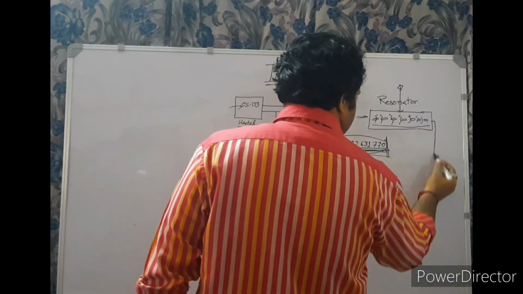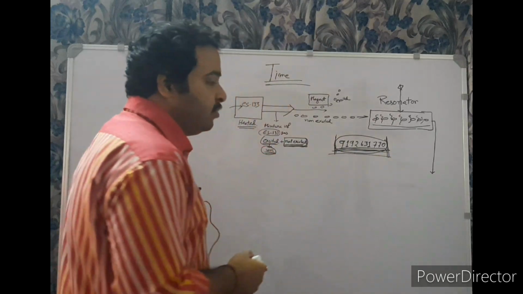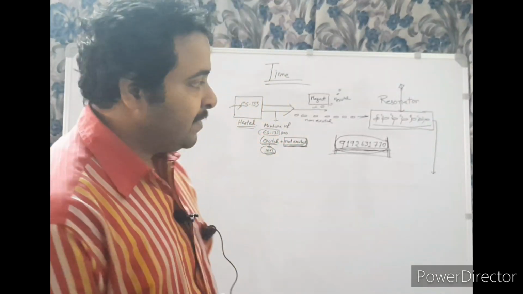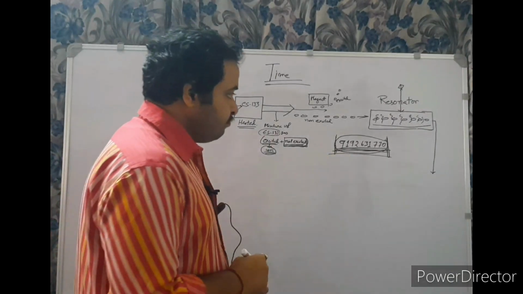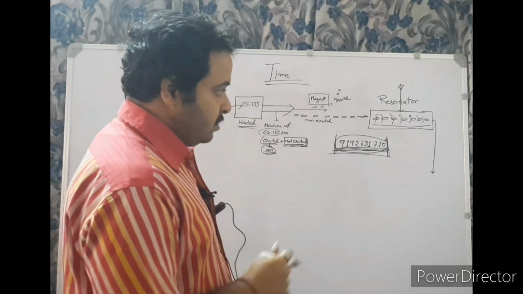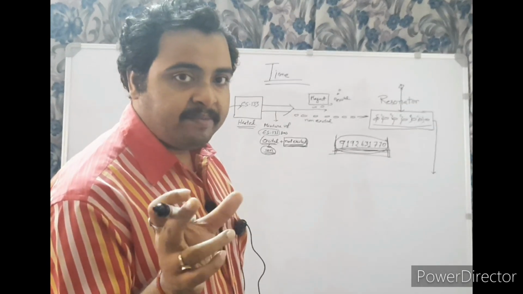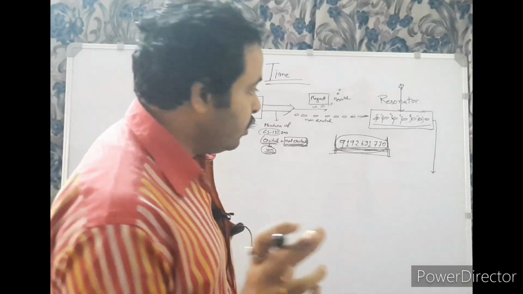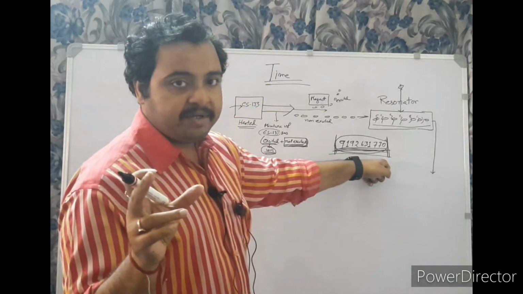So how will this time period be used to measure 1 second? We have to detect it, right? So we have to measure the time span, the time it takes for this number of vibrations.